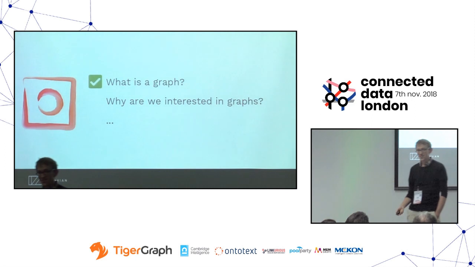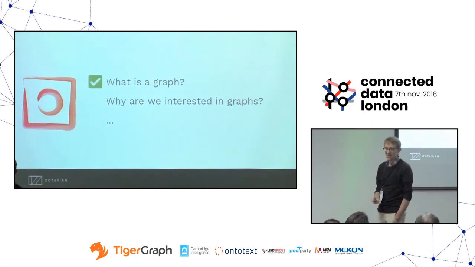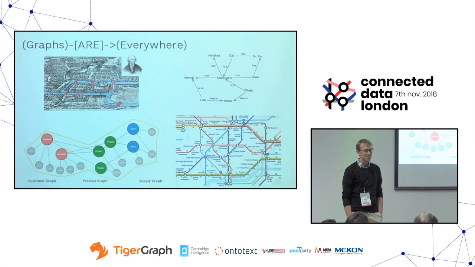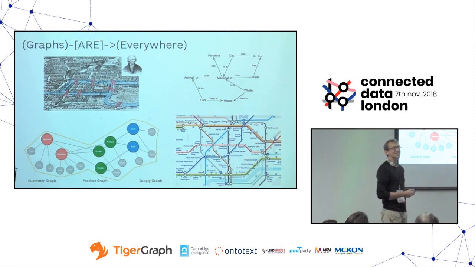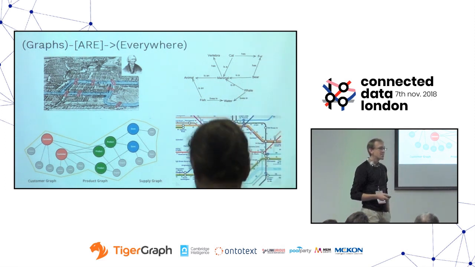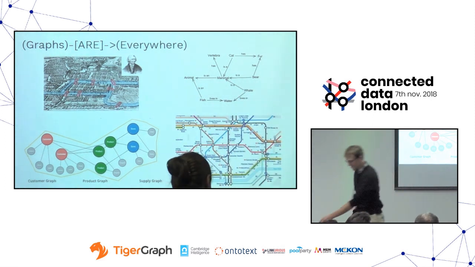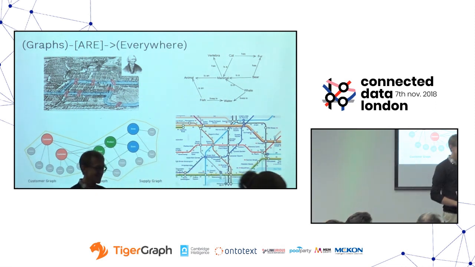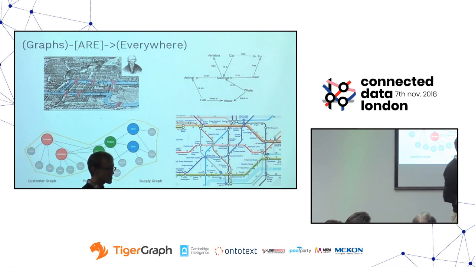Why am I interested in graphs? Again, hopefully this audience has an appreciation for the power and utility of graphs. So we can go through this pretty fast. Graphs are everywhere. Raise your hand if you know what this problem is, or who this guy is. No, good guess though.